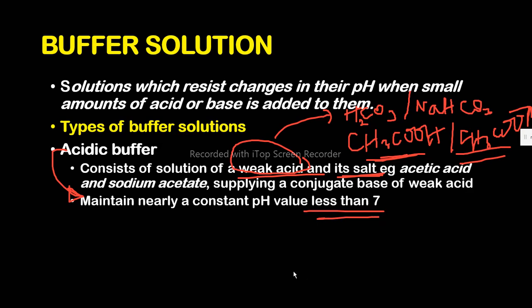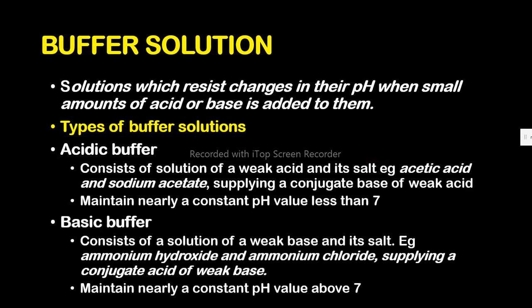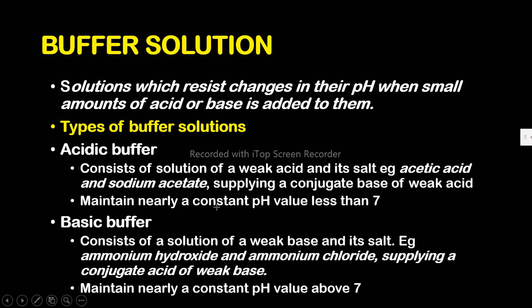Now for basic buffer, it is formed from a weak base. Let's list weak bases. We know, yes, we have ammonia. What else? Can the cyanide be a weak base? Which other weak base?